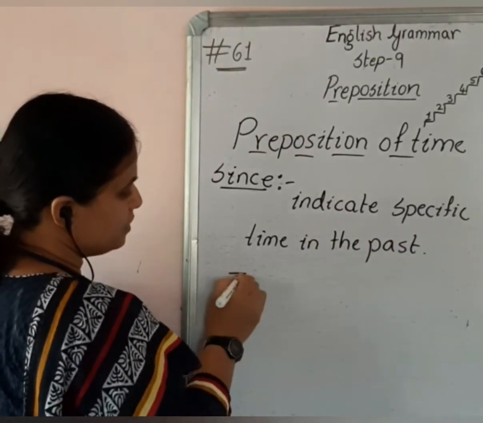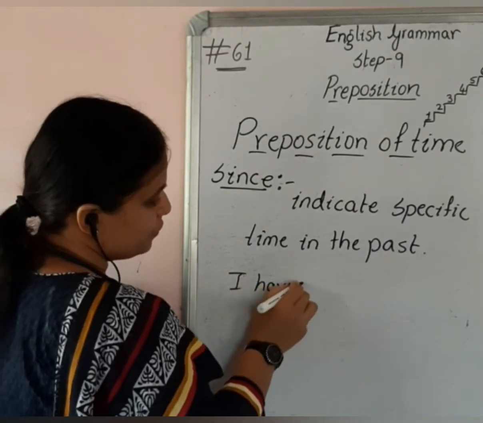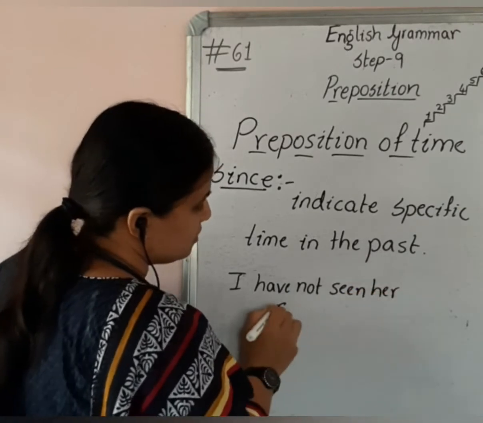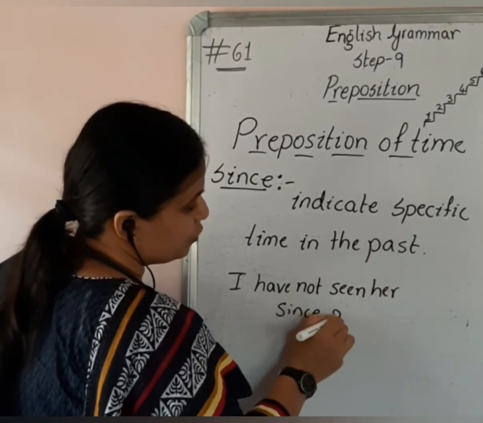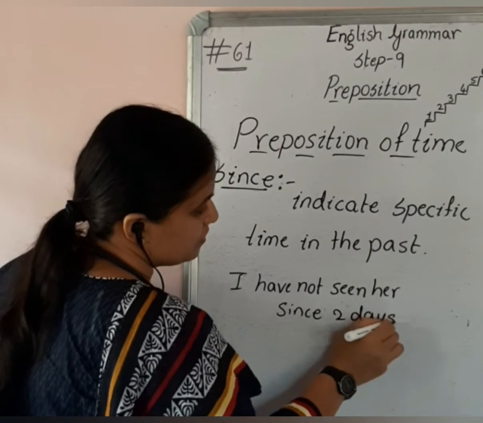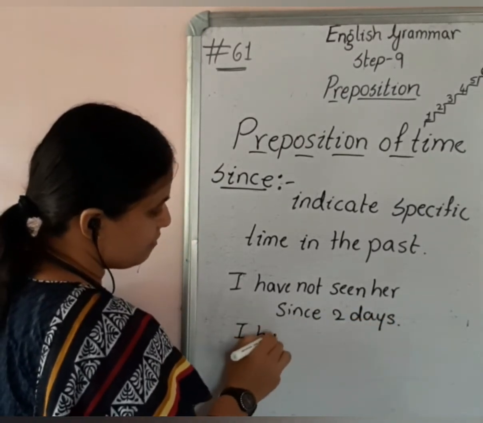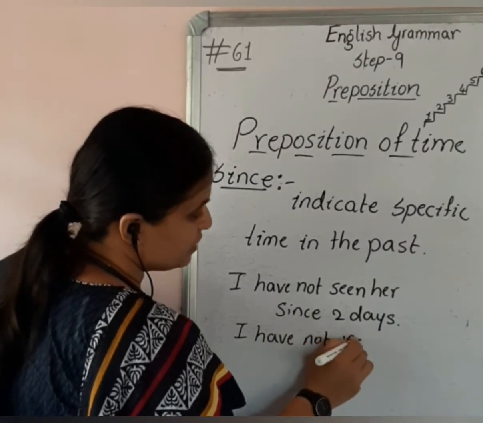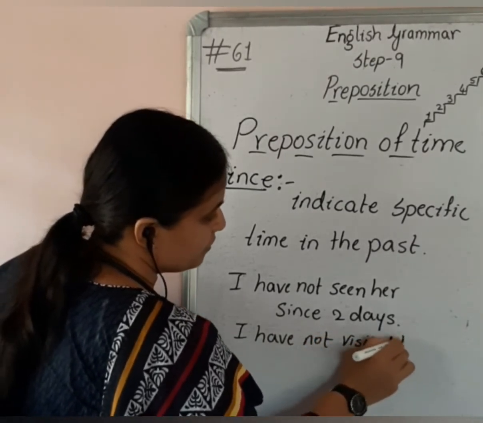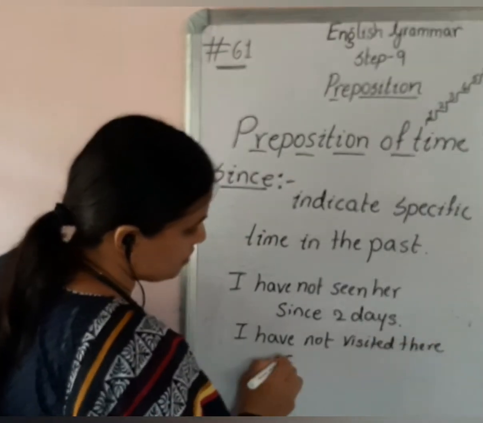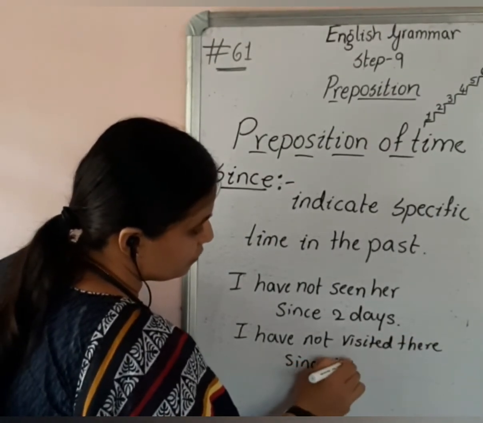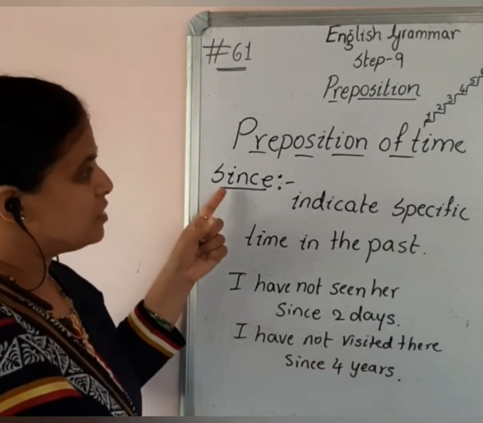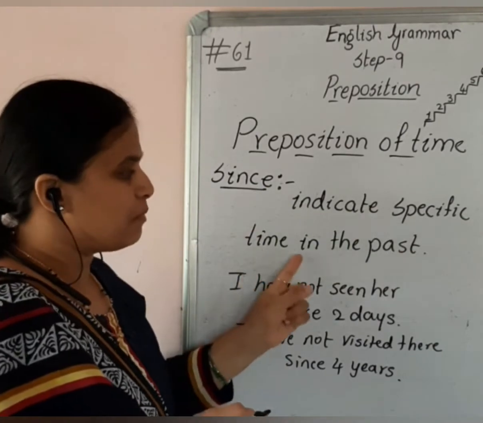Okay, for example, I have not seen her since 2 days. I have not visited there since 4 years. So, this since is used to indicate a specific time in the past.